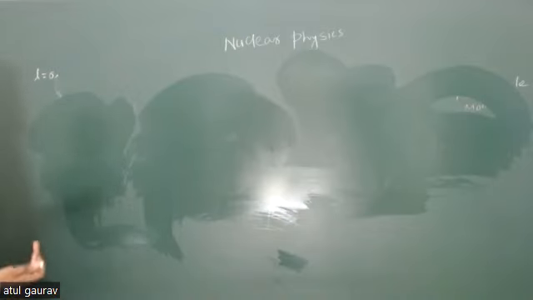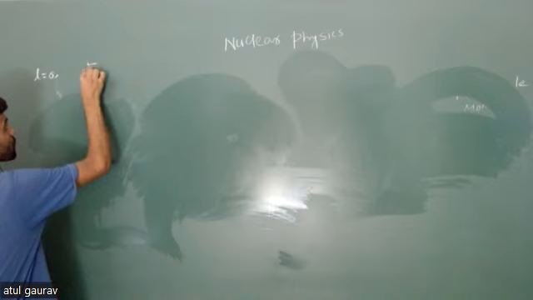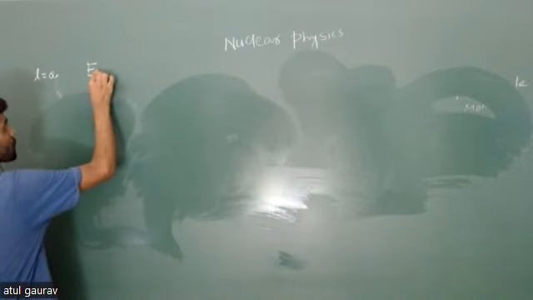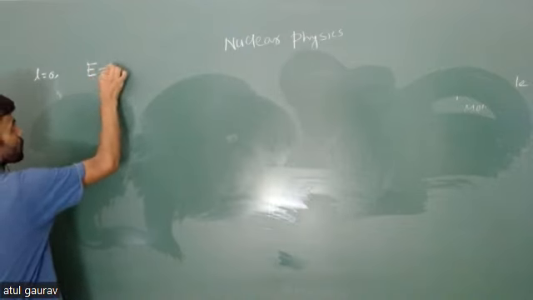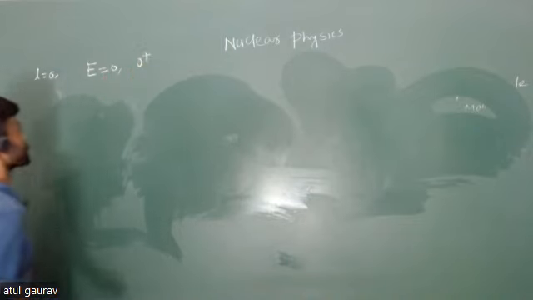Even values, exactly, because what you have observed is 0 plus, 2 plus, 4 plus. So for L equals 0, the energy will be 0, right? That corresponds to 0 plus.